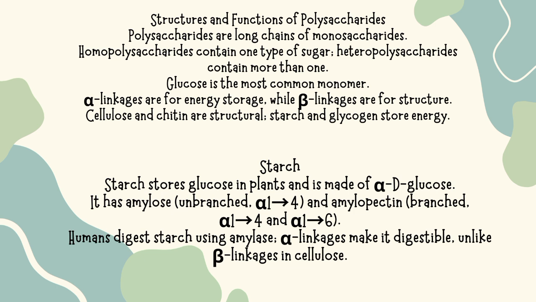Humans digest starch using amylase, which breaks alpha linkages. Beta linkages, like in cellulose, cannot be digested by humans. In short, polysaccharides are big sugar molecules. Some store energy, like starch and glycogen, others build structure, like cellulose and chitin. Humans can digest alpha-type bonds but not beta-type ones.